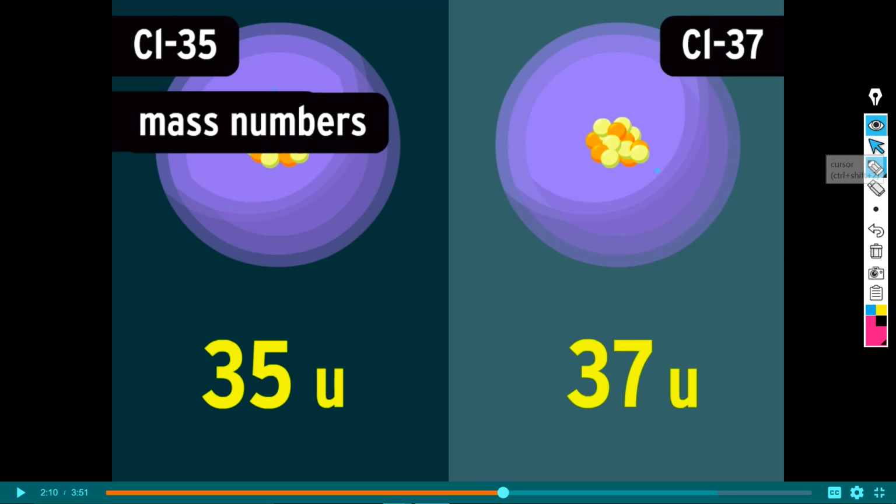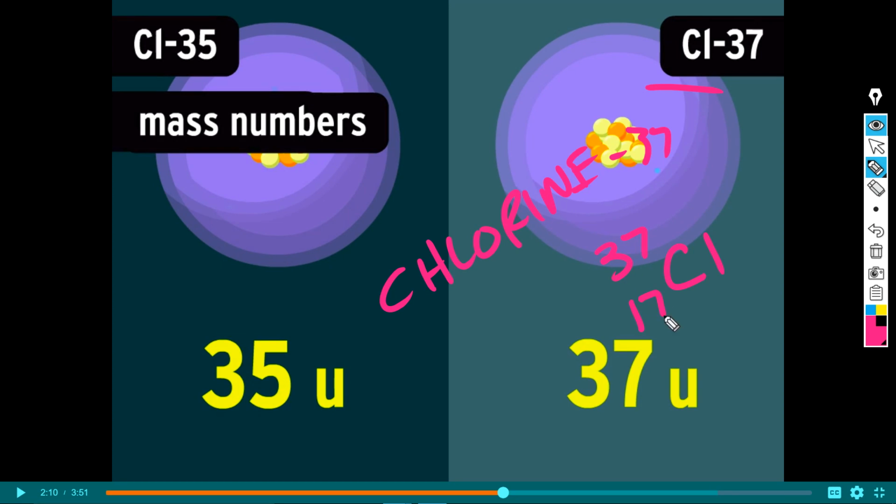You're going to be representing these like this in hyphen notation, chlorine-37, or you're going to write the nuclear symbol. Cl is the element. The mass number will go on the top left, and the number of protons goes on the bottom left. This is how you would write the nuclear symbol for chlorine 37. This is how you would write the hyphen notation for chlorine 37.